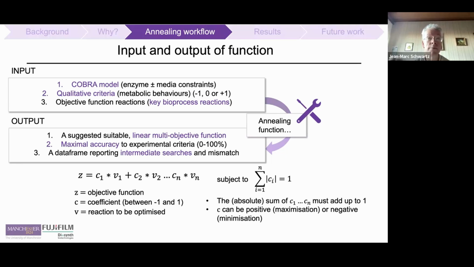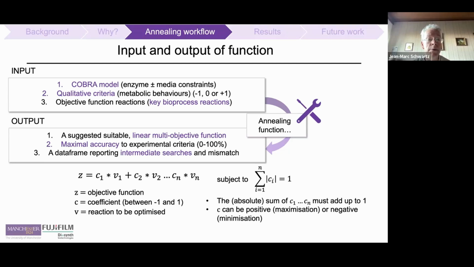In many cases, when we want to do FBA simulations, we don't have a very detailed set of fluxes for many reactions, but we know what happens qualitatively. So we know that some nutrients are taken in, some things are produced, and some reactions and some inputs are, for example, blocked. So rather than using quantitative numbers, we chose to have qualitative numbers for the input constraints, which will be -1, 0, or 1.